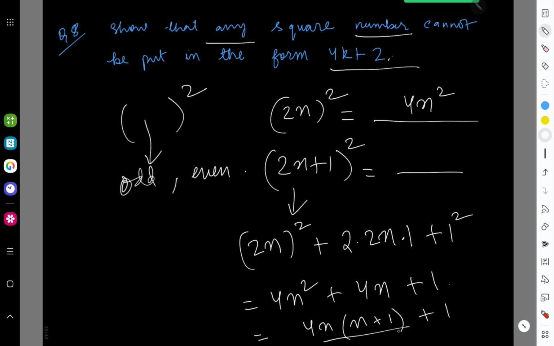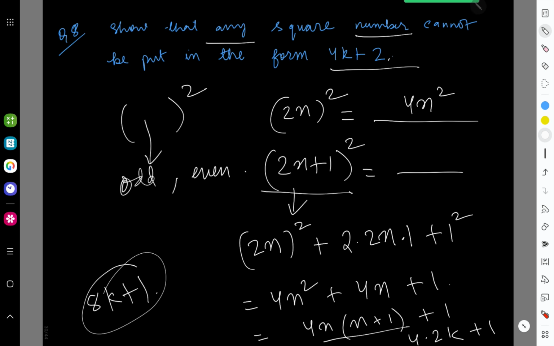These we can write as 2k plus 1. So it will give us 8k plus 1. After expanding these, we are getting 8k plus 1, which is not 4k plus 2. So hence we have shown that any square number cannot be put in the form of 4k plus 2.